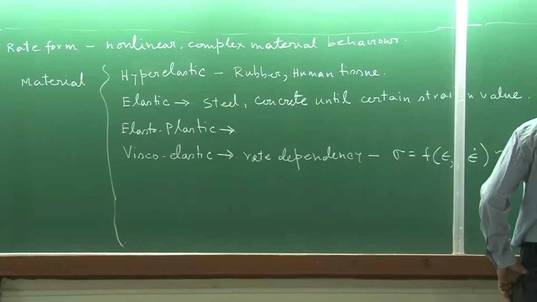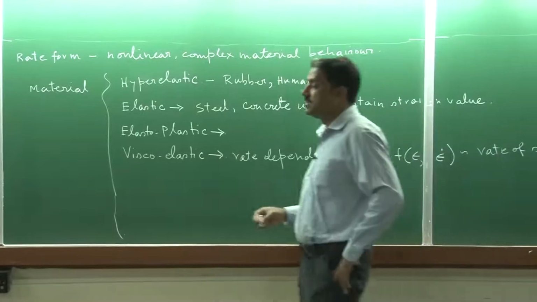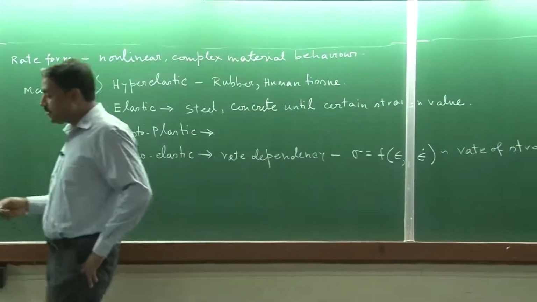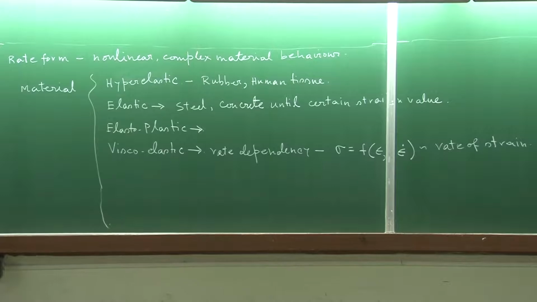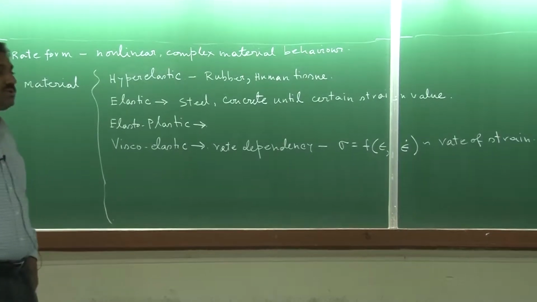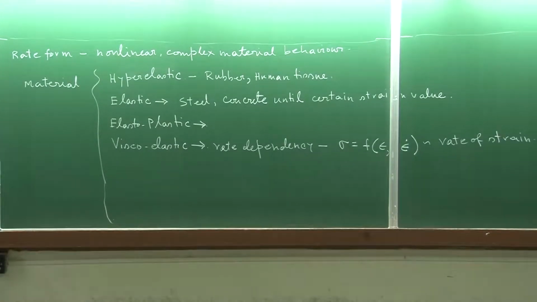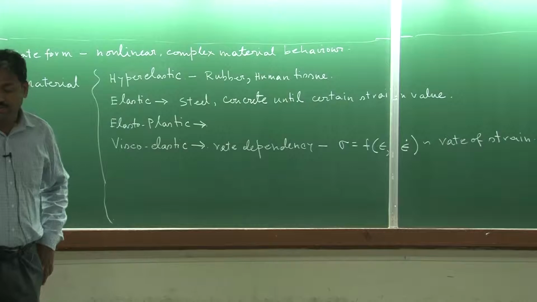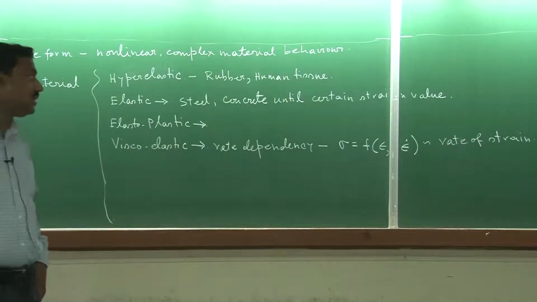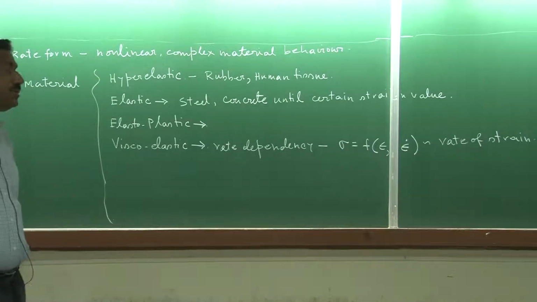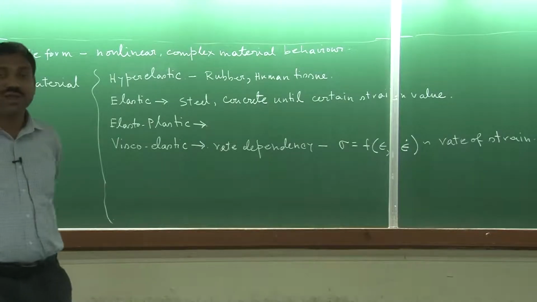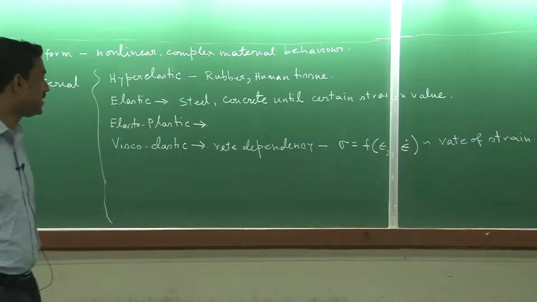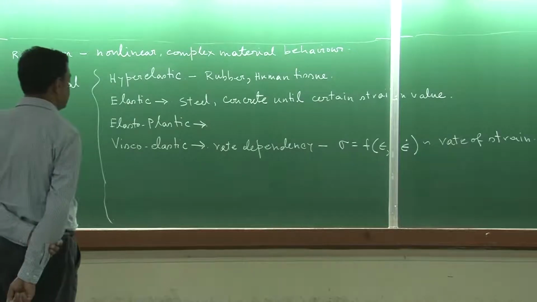That is viscoelasticity. Why is it viscous? The term rate is associated with viscous. If you recall viscosity, for many fluids we write the shear stress as mu, the coefficient of viscosity, times the strain rate. So, rate is associated, and that is why it is called viscoelastic.